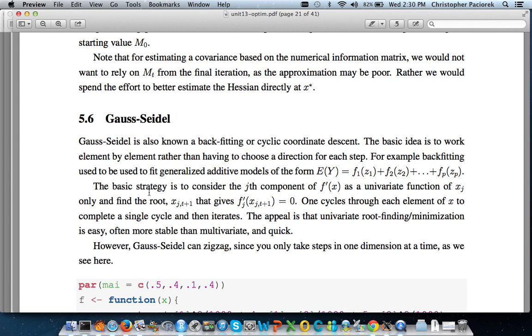I'll also comment, as we're thinking about optimizing, about shapes of surfaces and some of the connections between the numerical procedure and the statistical interpretation. If I did the negative log likelihood and I'm doing minimization, then this becomes a plus. So you just take the Hessian of the function you're minimizing. And the other thing to think about is, once I find the minimum, suppose the contours look like this.